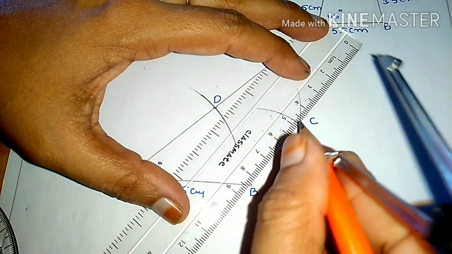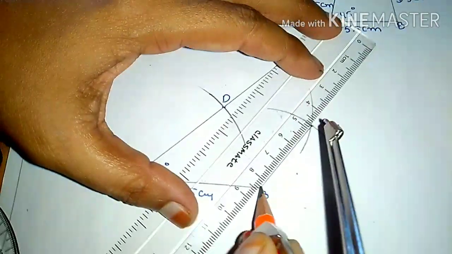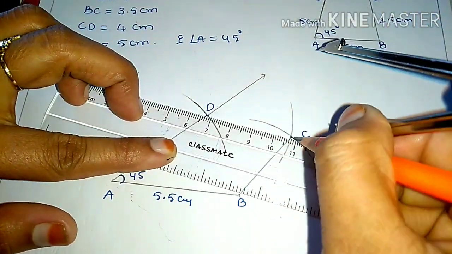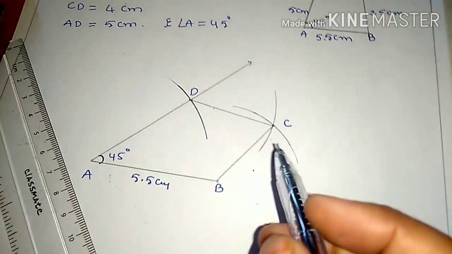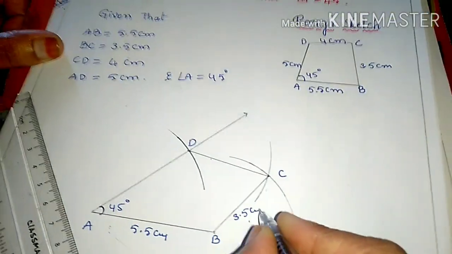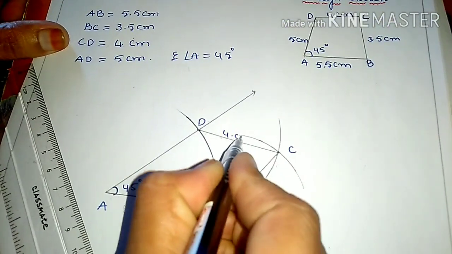Next, now you join BC and CD. BC equal to 3.5 centimeters. Next CD equal to 4 centimeters.